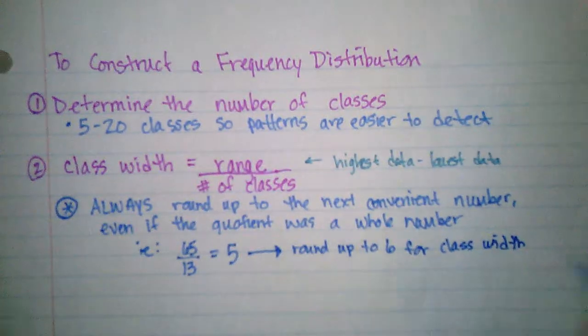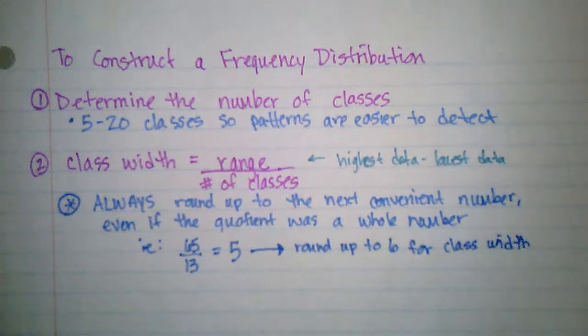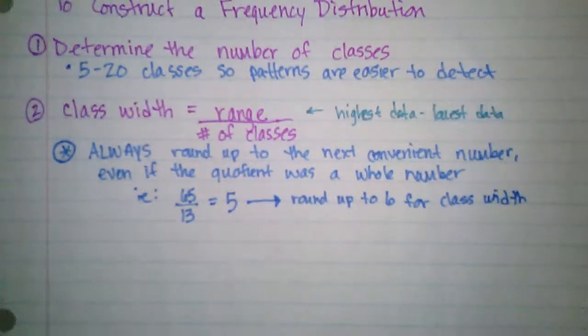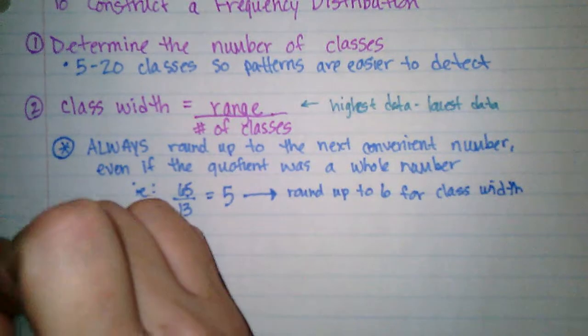We always round it up to the next whole number or the next convenient number. The reason for that is if we don't round it up, then when we get to the end, we will not cover our last piece of data. Our last class would not quite reach all the way to our highest data value. So keep that rule in mind.